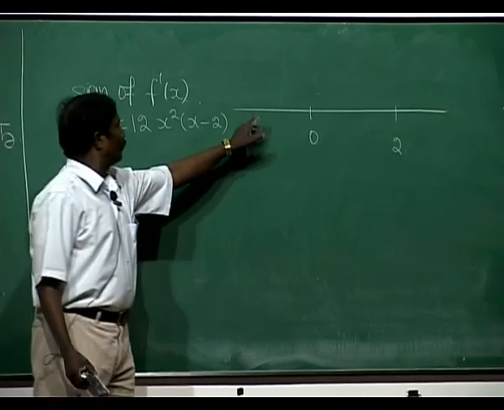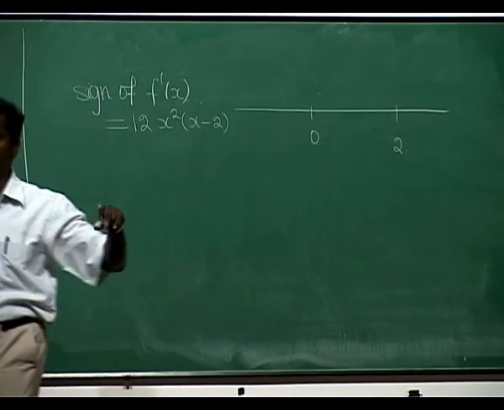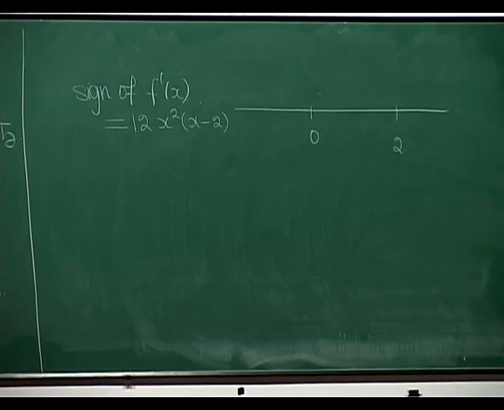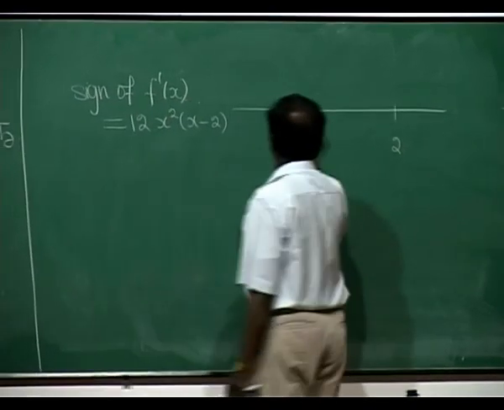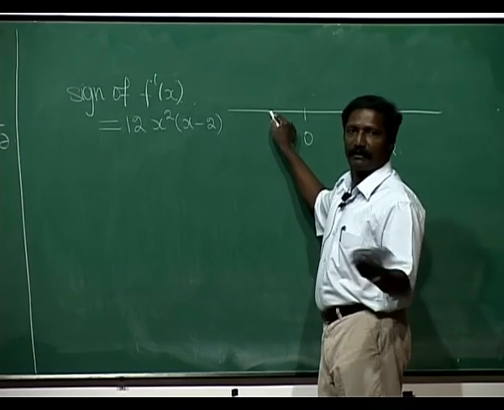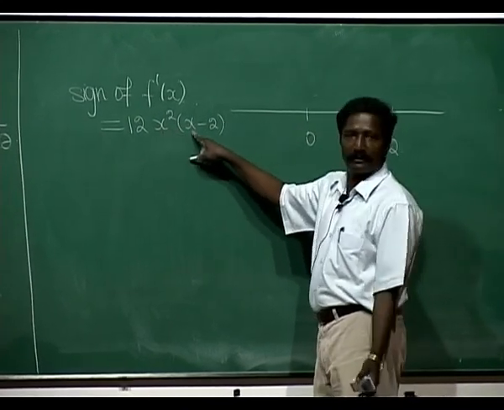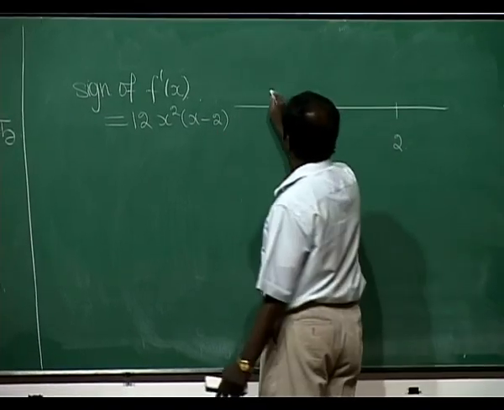So if it is 0 at those points, then on the rest of the intervals it must be either positive all the time or negative all the time. That's where the intermediate value theorem is helpful. So let us choose a point below this, say negative 1. Negative 1 squared is positive, negative 1 minus 2 is negative, so this is negative.